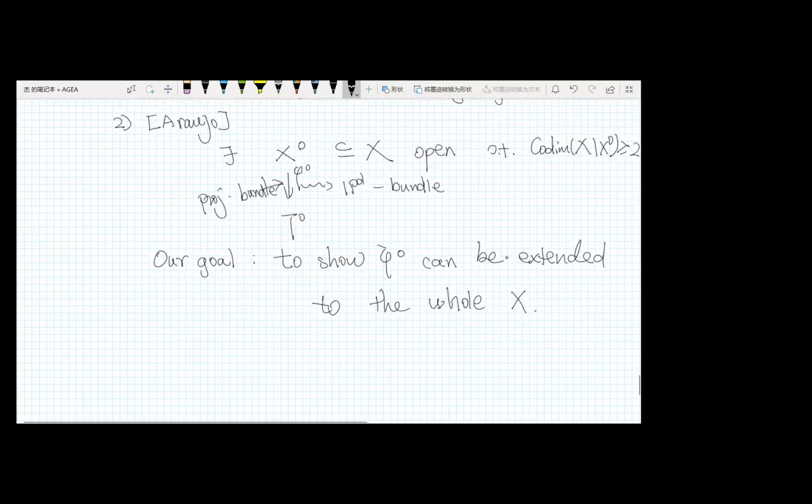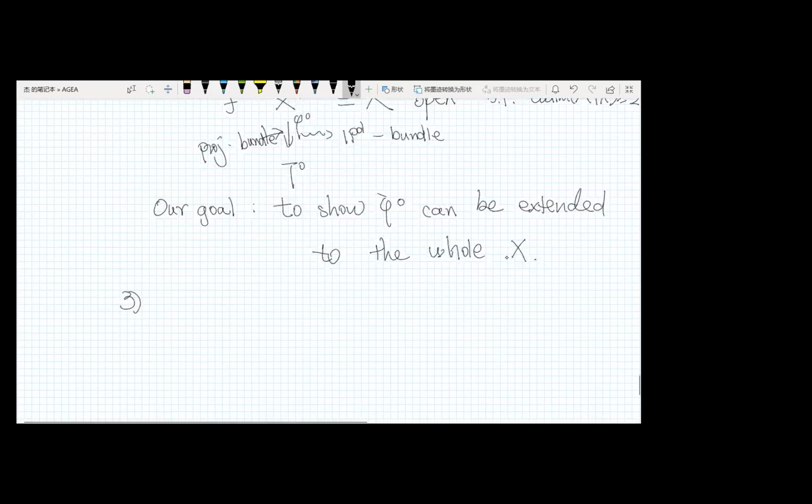Now, if we want to do this, we just consider the Chow variety of X. Here, I just write down the following diagram.